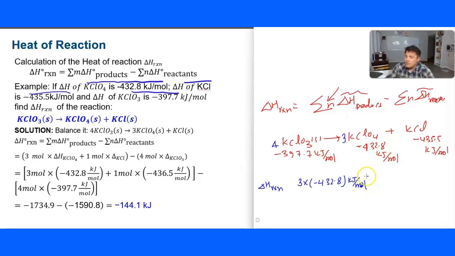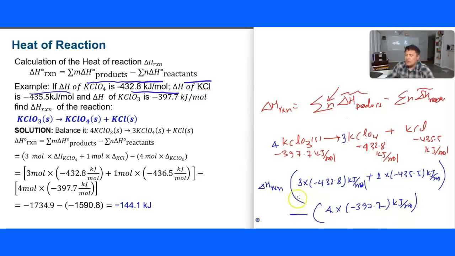This is plus 1 times, its coefficient is 1, right? 1 times minus 435.5 kilojoule per mole. That is your product. Minus, what is the reactant? The reactant is 4 times KClO3, minus 397.7 kilojoule per mole. So product minus reactant. If you do that, you have this value.